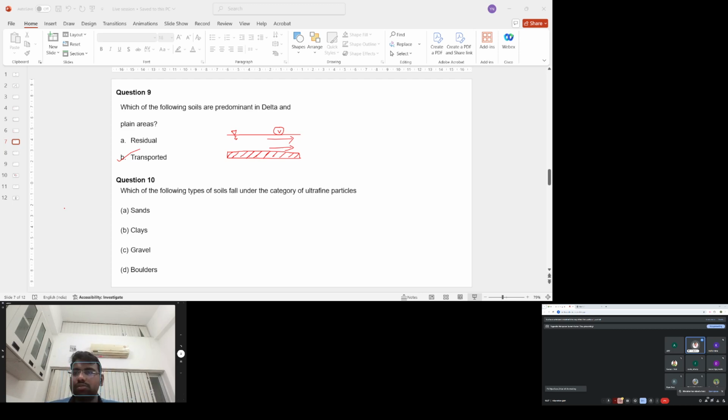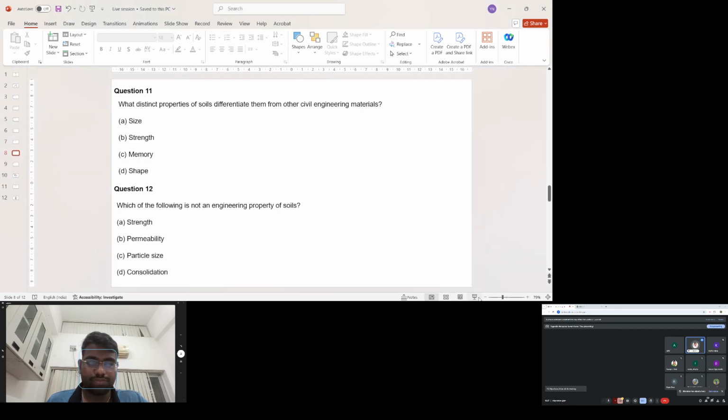So let us move to question 11. What distinct properties of soils differentiate them from other civil engineering materials?